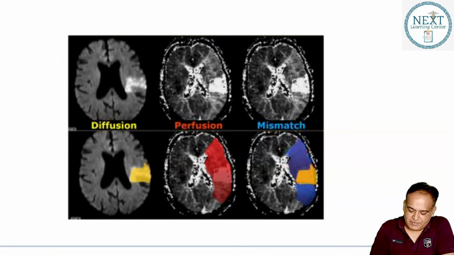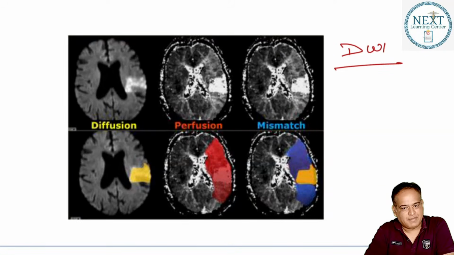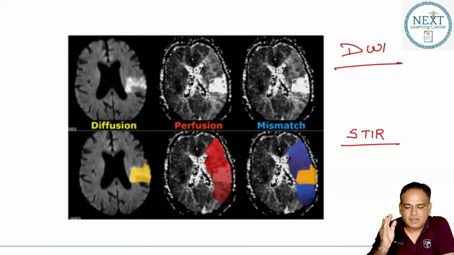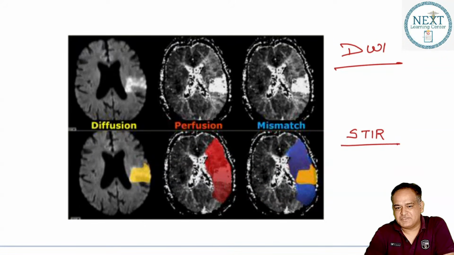Okay. So when we see DWI, diffusion weighted imaging, right? Now, please tell me one more thing. What is the use of short tau inversion recovery, STIR MRI?